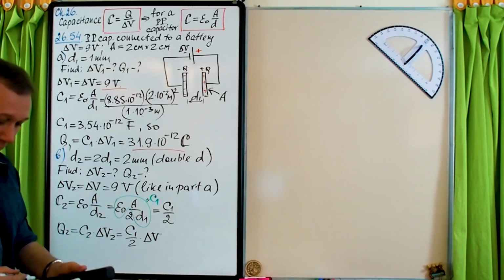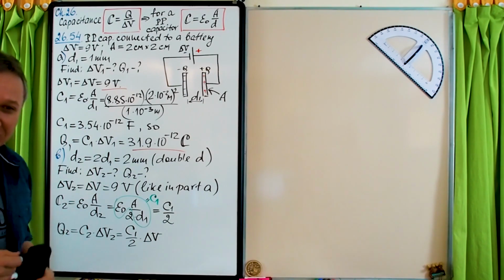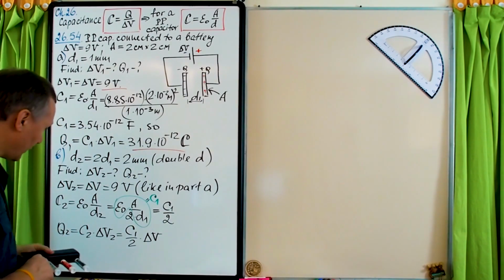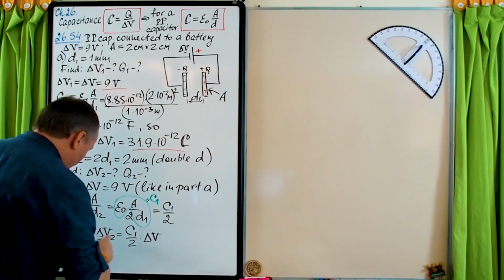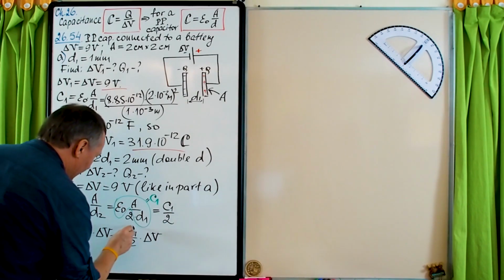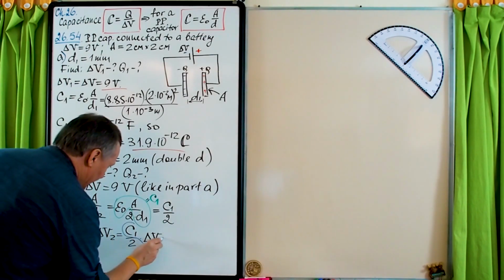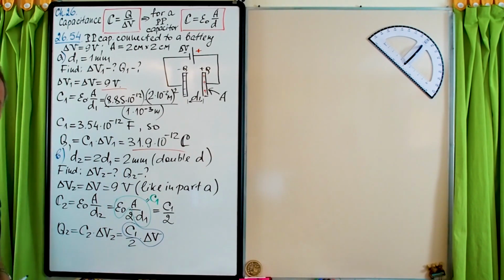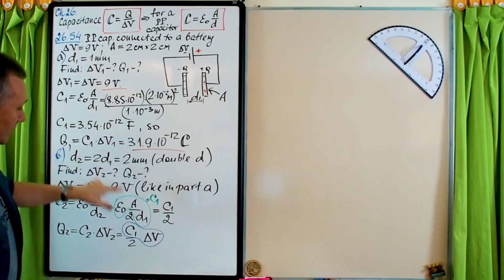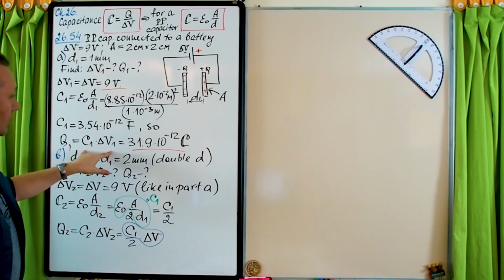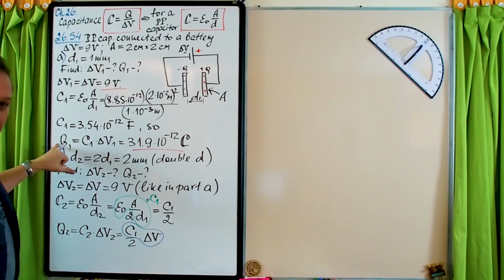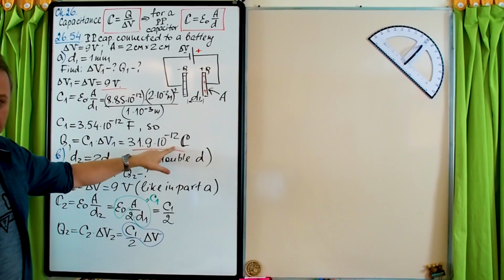And still, I don't want to calculate. So look, let me use a different color because it overlaps with that. C1 times delta V here. Delta V1 and delta V is the same, right? So C1 times delta V is Q1, which we calculated.